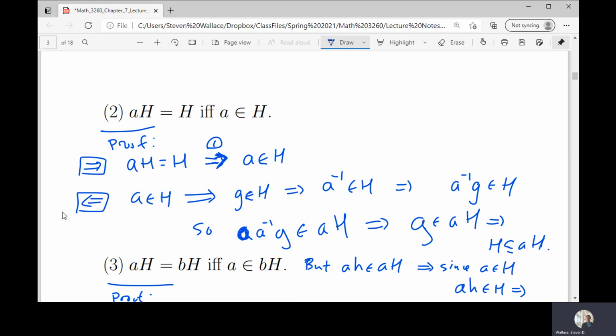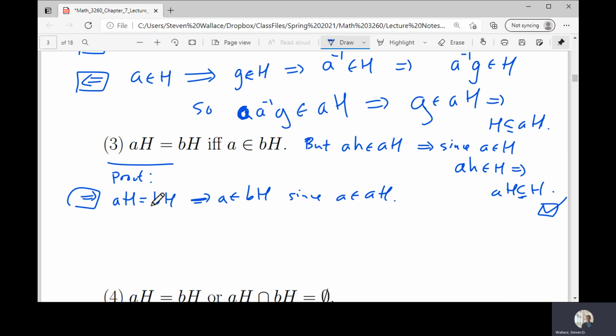For the reverse implication, we do a similar thing we just did. So A is in BH means that A is equal to B little h for some h, right? But B little h.